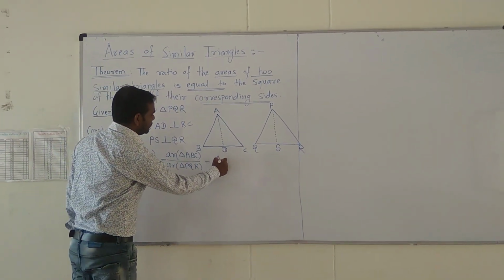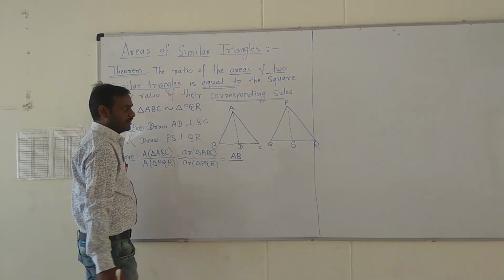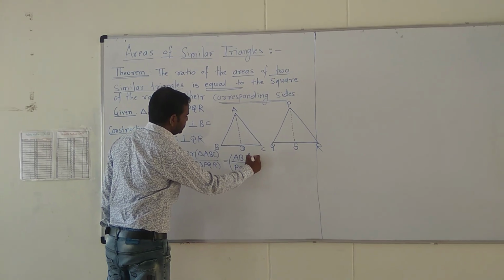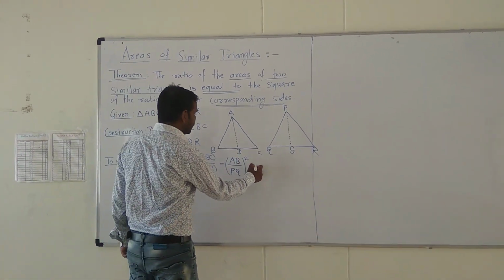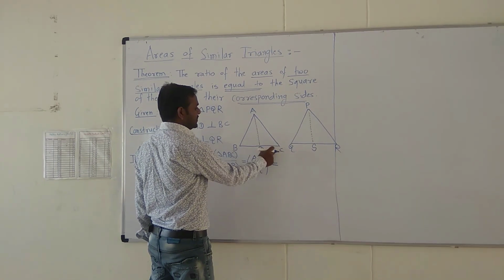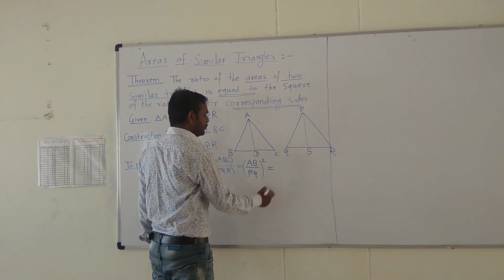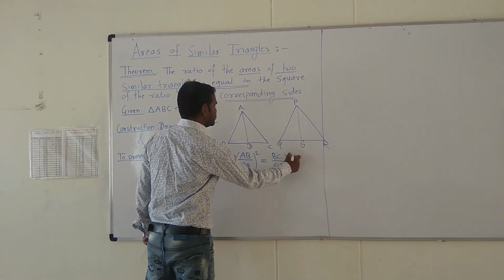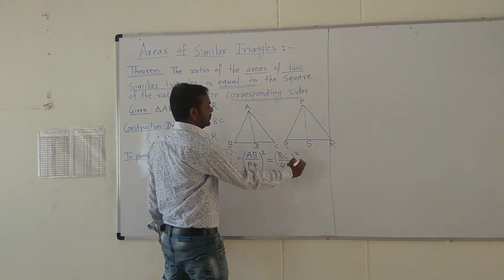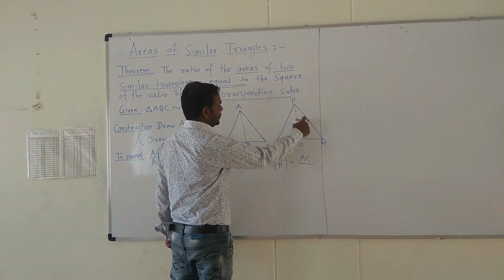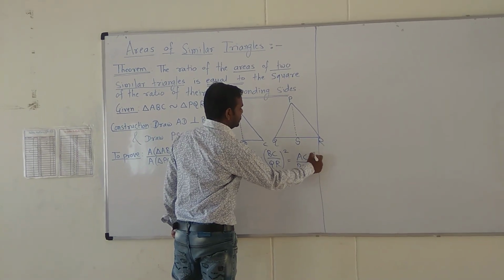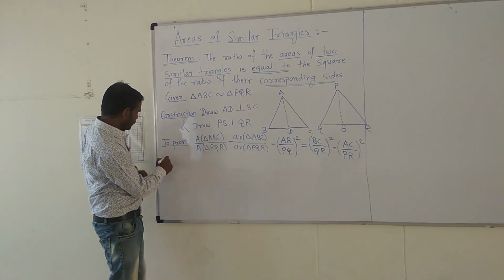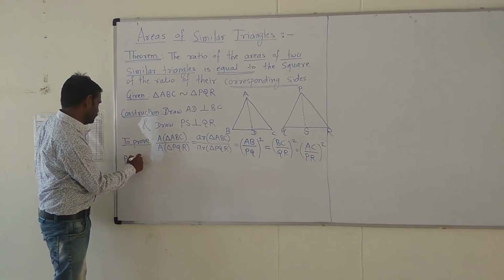Therefore we write side AB upon side PQ, whole square, equal to the second side BC, whose corresponding side is QR, so BC upon QR whole square, equal to the third side AC upon PR whole square. So now we have to see its proof.